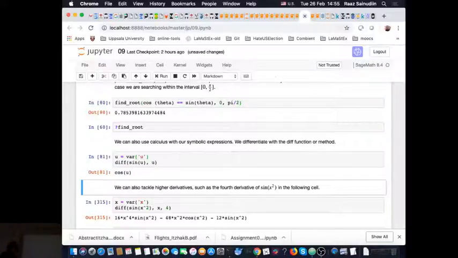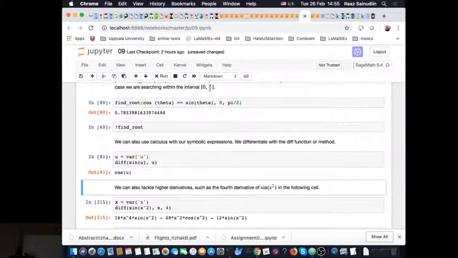Now we're getting into stuff we will use in maybe assignments or exam in the class. So I say u is a variable, okay? And this is an important point, right? You're saying u is the variable of the string u, right? So it's something you have to do first. Now I'm asking you to differentiate sine of u in terms of u.